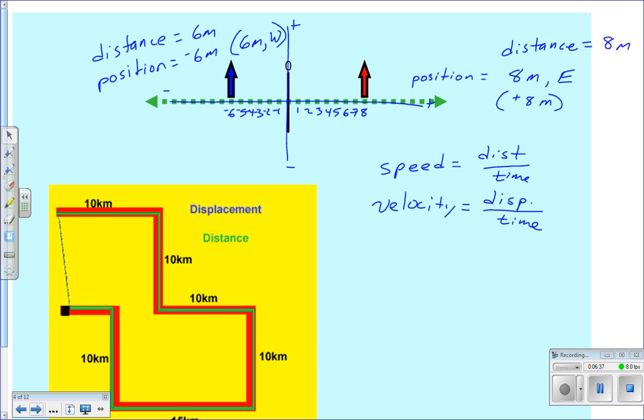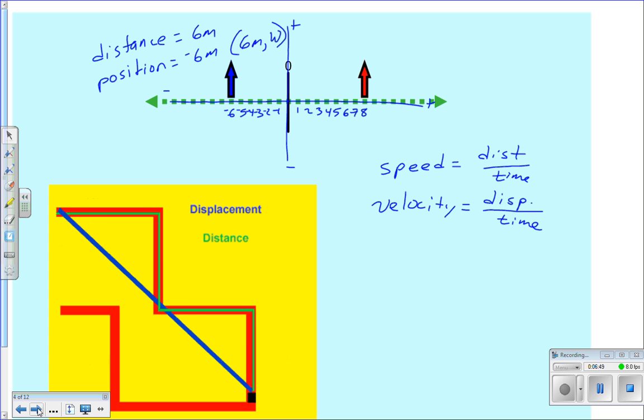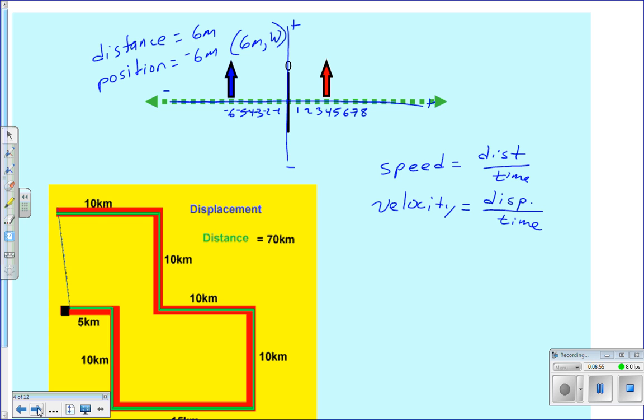So let me just get rid of this over here real quick. Okay. And for example, I'm just going to take this red arrow and put it at 4, position of 4 meters, positive 4.